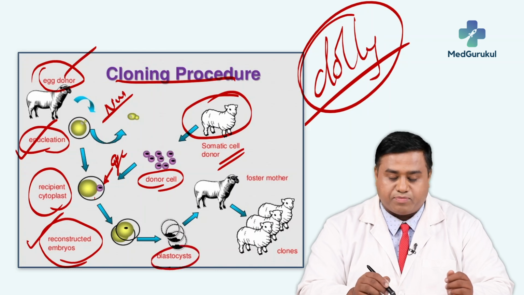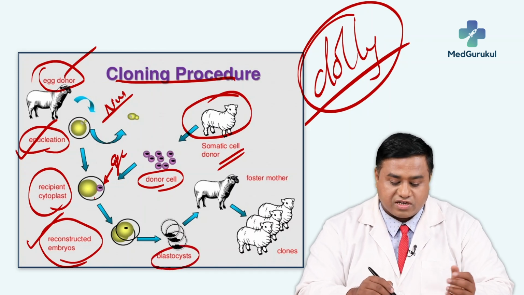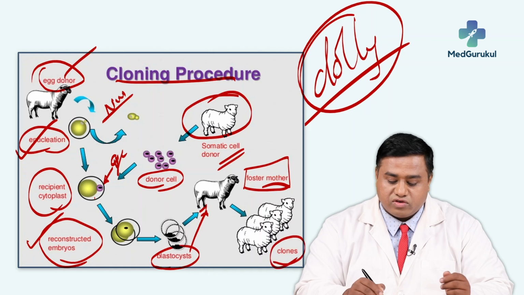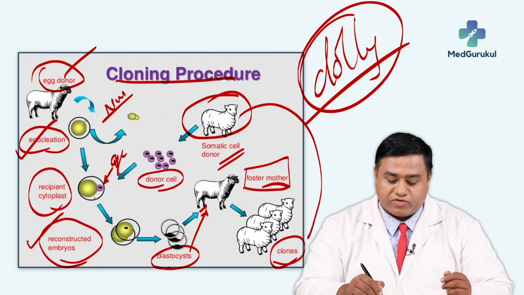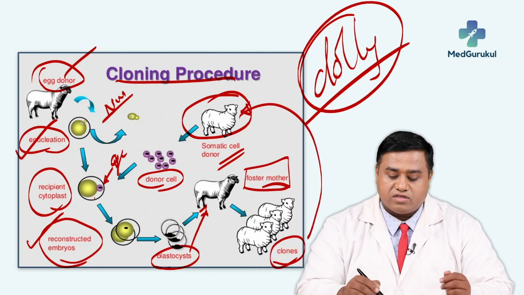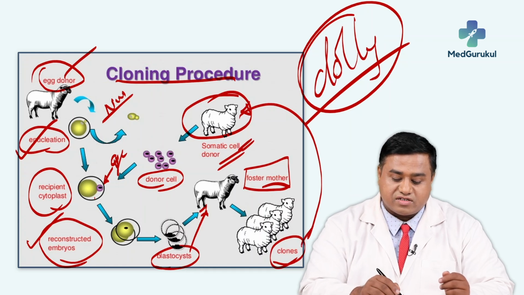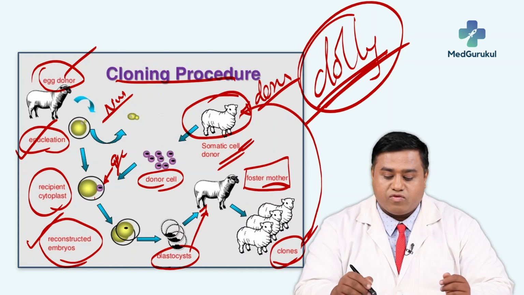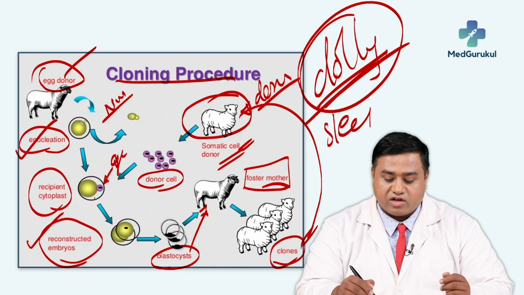Grow that embryo in a petri dish to the blastocyst stage, transfer it into a foster mother, and the foster mother will give rise to an exact copy of the cells from the donor. Dolly was the first sheep to be cloned by this technique.